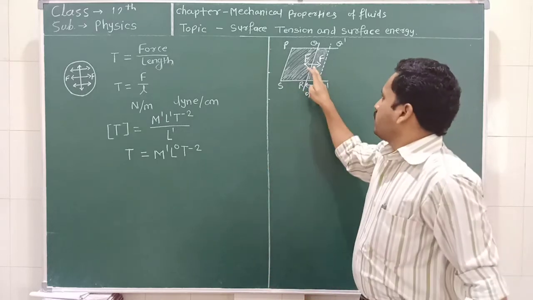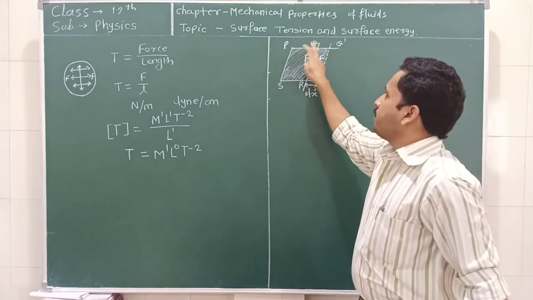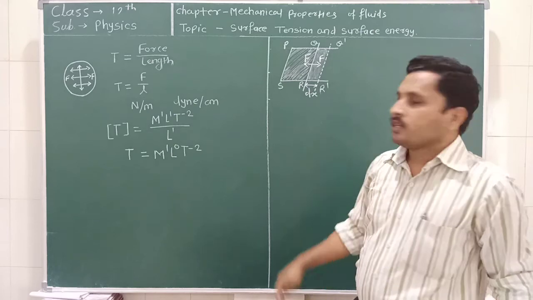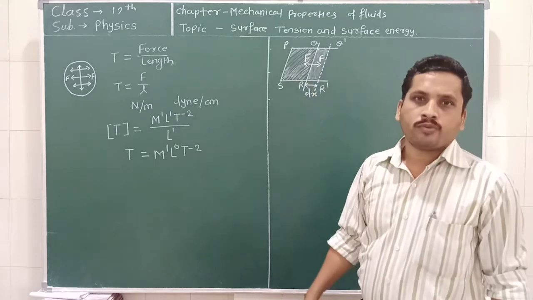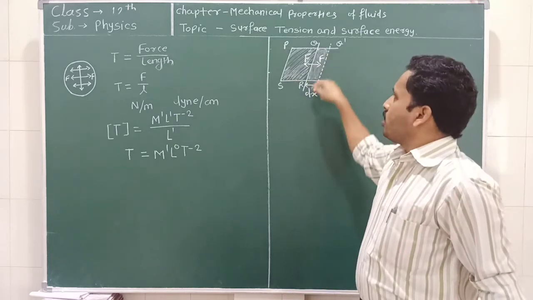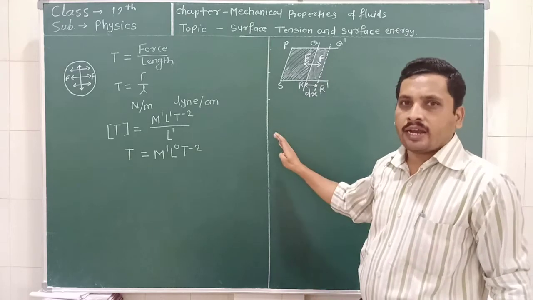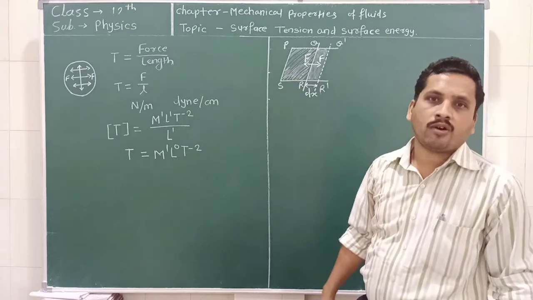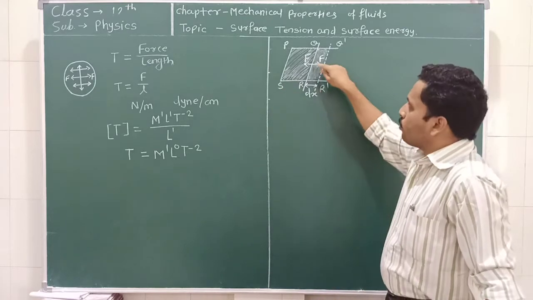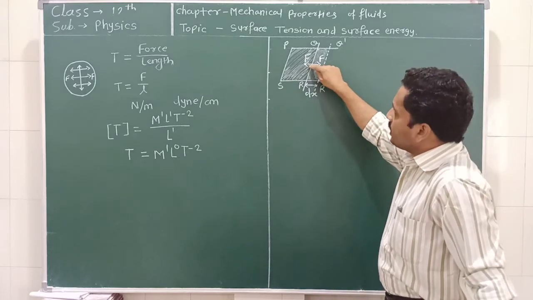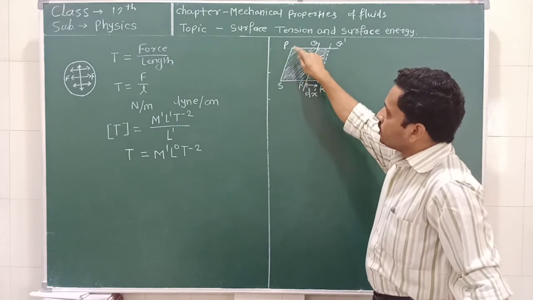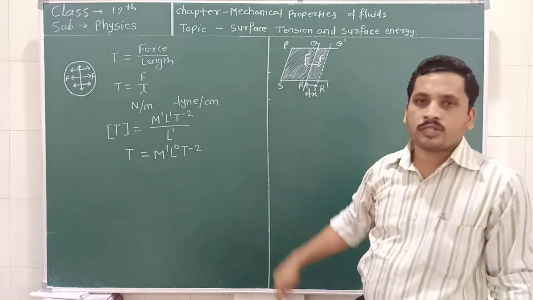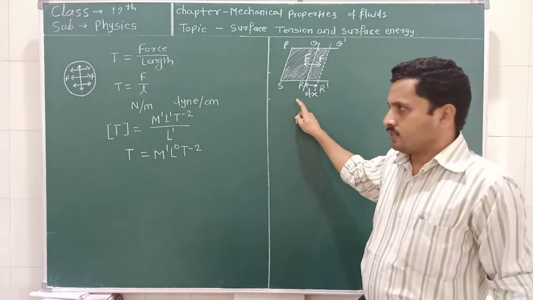Now as these three sides PQ, PS and SR are fixed, they won't be able to move, but this side QR can slide, and minimize the surface area of the soap liquid. So a force is acting inwards towards PS such that the surface area of this soap layer decreases.